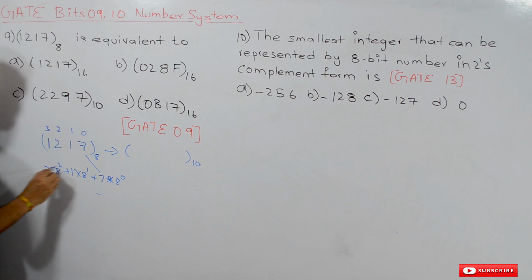Base 8 is a power of 2, and base 16 is also a power of 2. In this case, first we convert to base 2 and then convert that base 2 number into base 16.